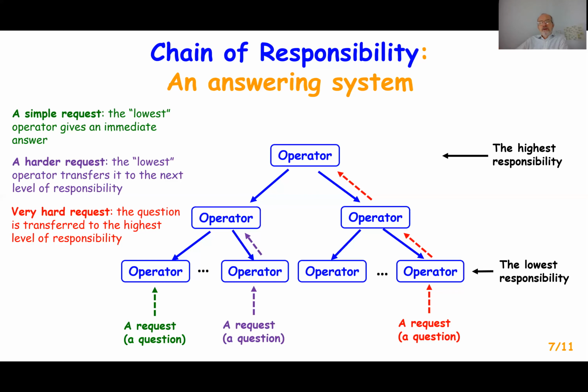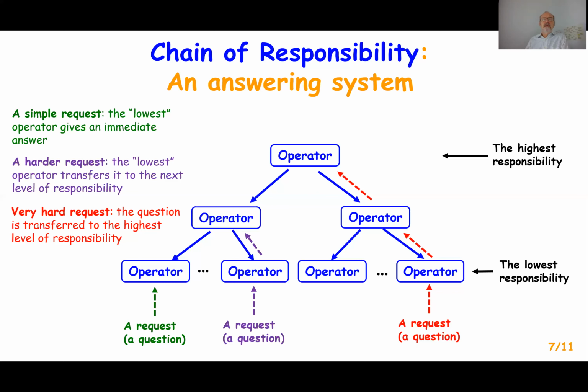I don't know what happens; probably the request is left unanswered. But I'm not interested in that, I'm interested in the idea of the functionality of this pattern. The idea of this pattern is that the request gets passed across a structure until it finds the component that is able to give the answer or response. Okay, this is a conceptual scheme.